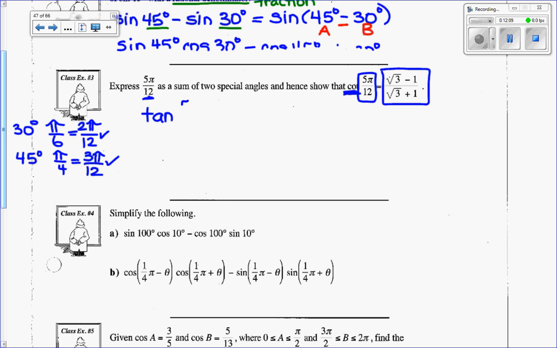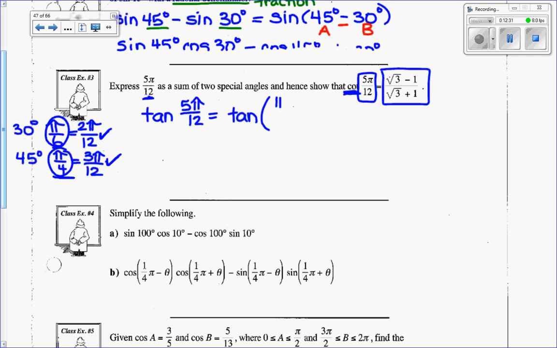So tan of 5 pi over 12 is going to be tan of this one plus this one, right? Which is one of these and one of these, right?